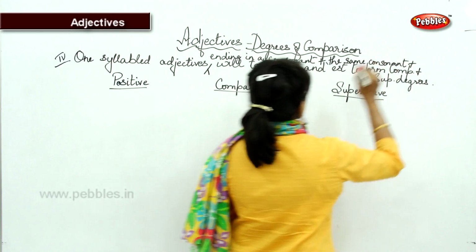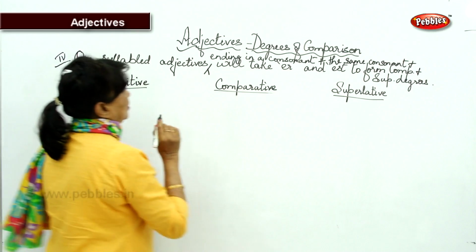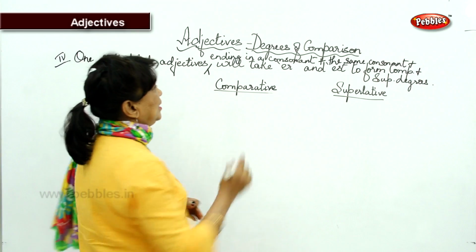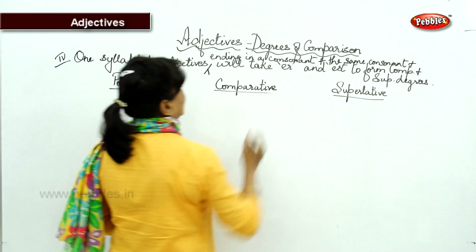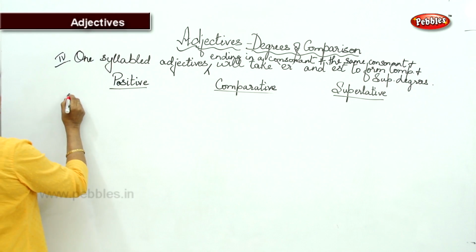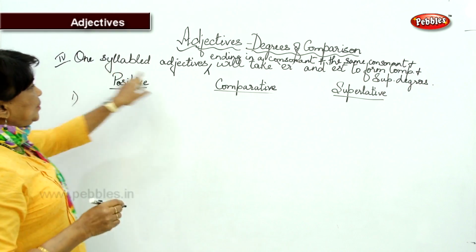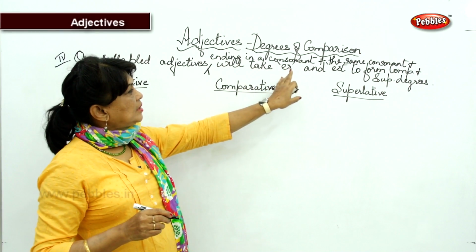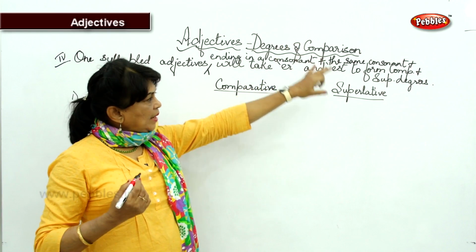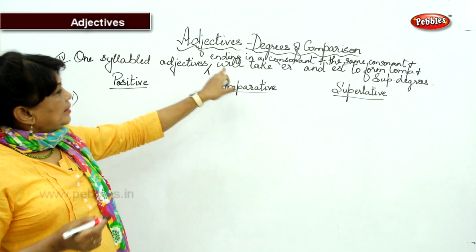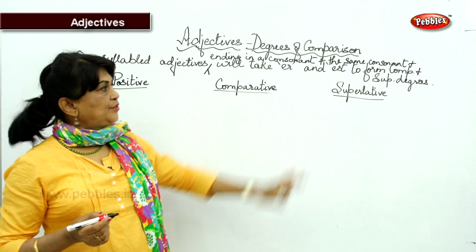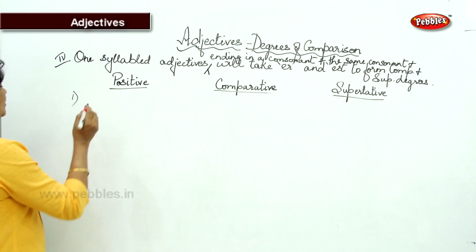Okay. Now, for example, 1 syllabled adjectives ending in a consonant will take the same consonant again and then it will take ER and EST to form the comparative and superlative degrees.